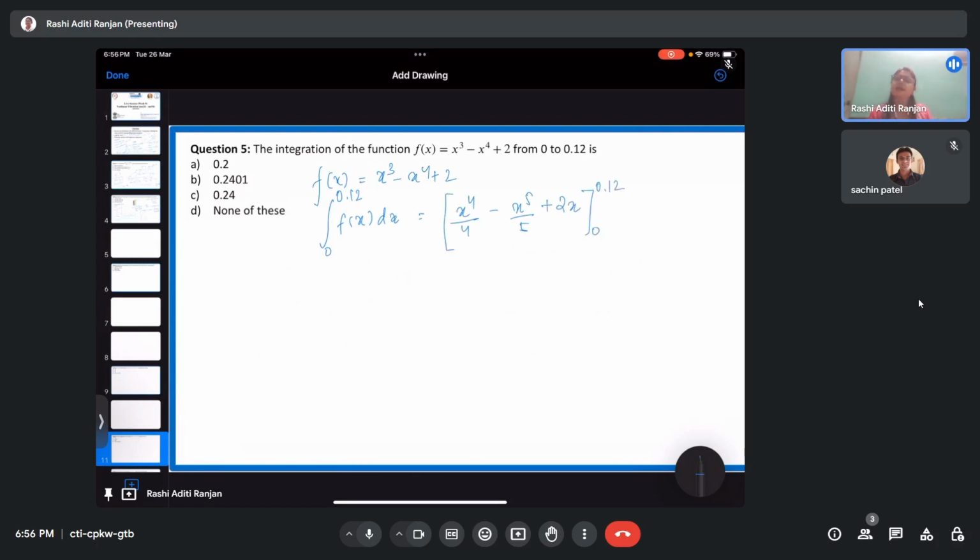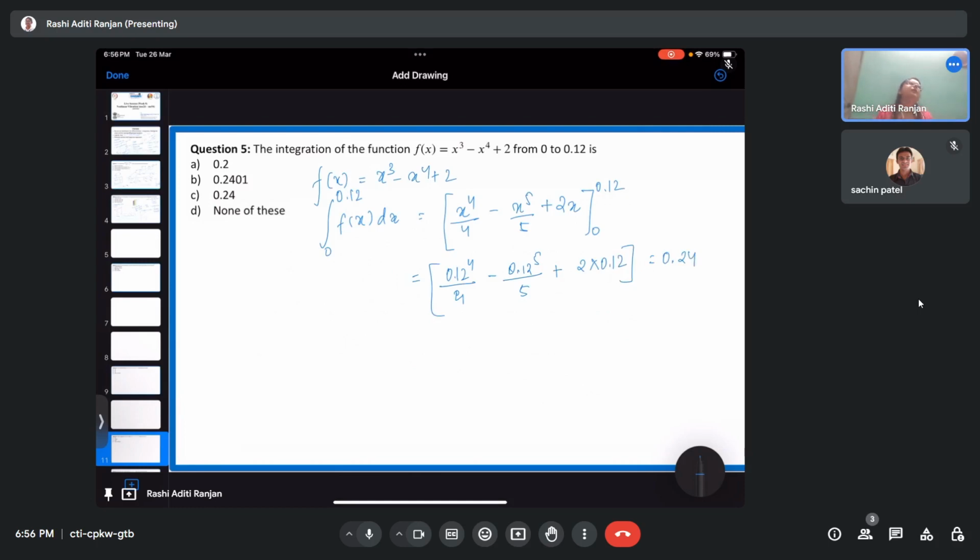So if you put in the limits of integration, you would have 0.12 to the power 4 by 4 minus 0.12 to the power 5 by 5 plus 2 into 0.12. It would give you 0.24. Okay, now let me try the numerical technique.